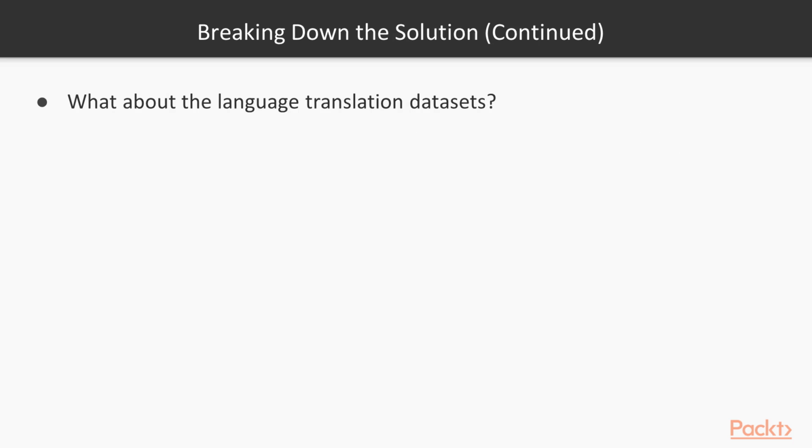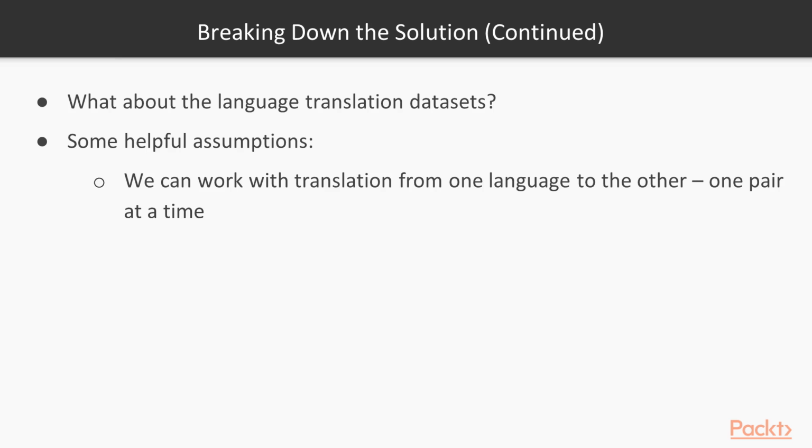So what about the language translation dataset? You have to choose the right dataset for language translation, and like with most machine learning challenges, you often have to test different options, but there are some helpful assumptions that are very useful when you want to pick the right dataset.